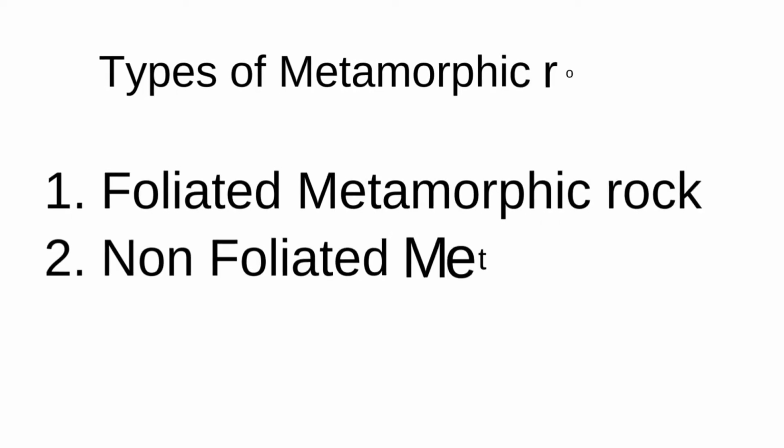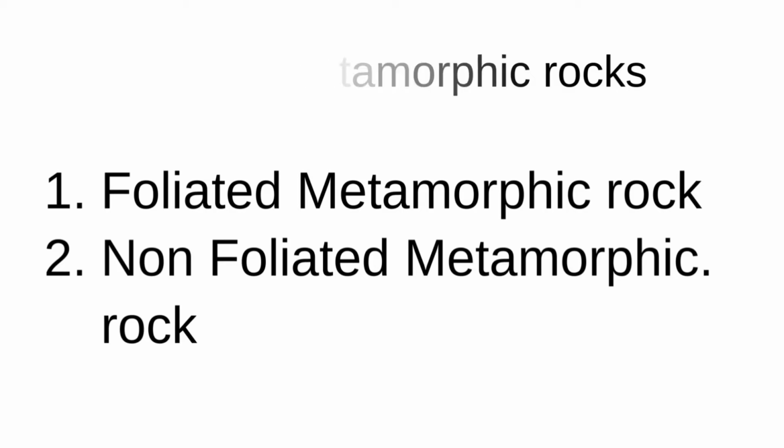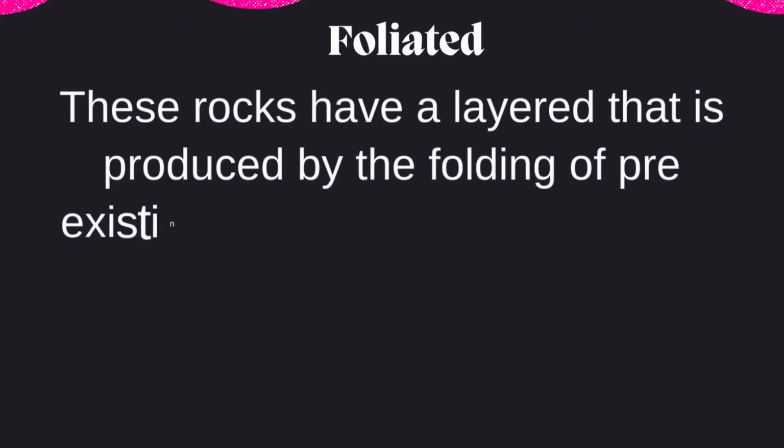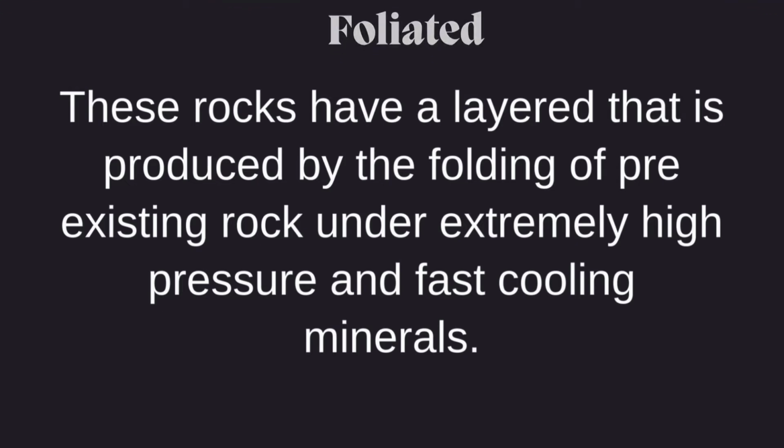Because of this movement that we have seen, there are two main types of metamorphic rock: foliated metamorphic rock and non-foliated metamorphic rock. Okay, in foliated metamorphic rock, the rocks have a layer that is produced by the folding of pre-existing rock under extreme high pressure and fast cooling minerals.